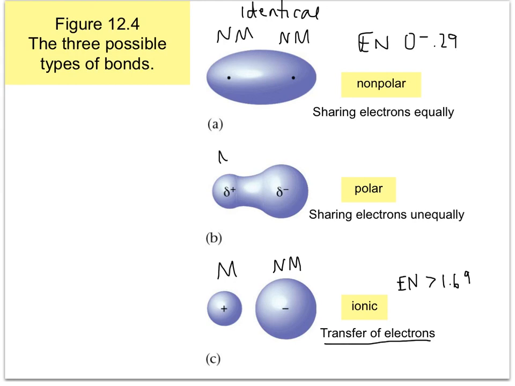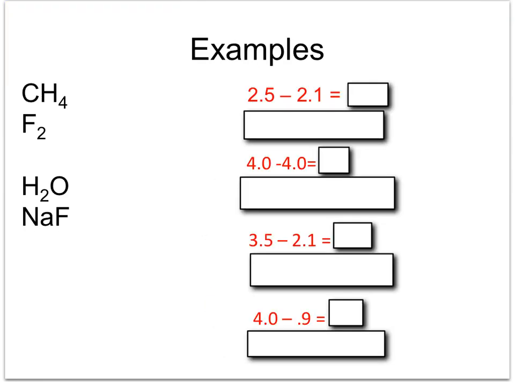And then we have the type of bond which is called a polar covalent bond between two different nonmetals, and their electronegativity difference will be between 0.3 and 1.69. Of course, both the covalent bonds are sharing the electrons. Let's do some quick examples.